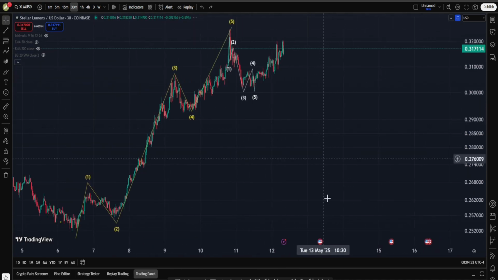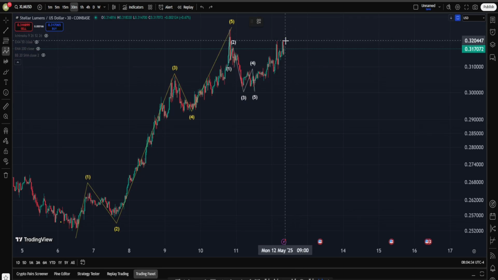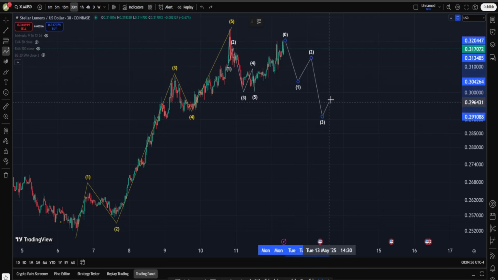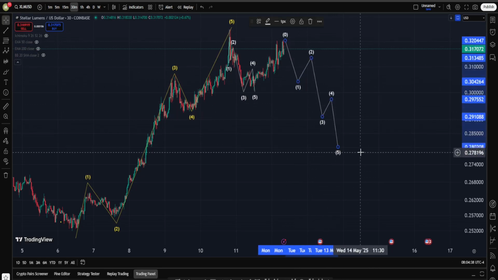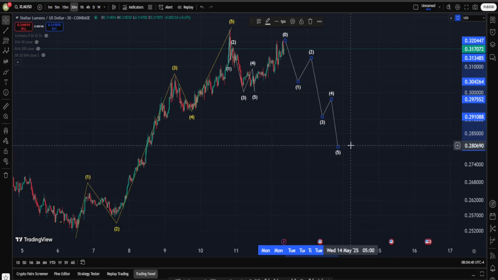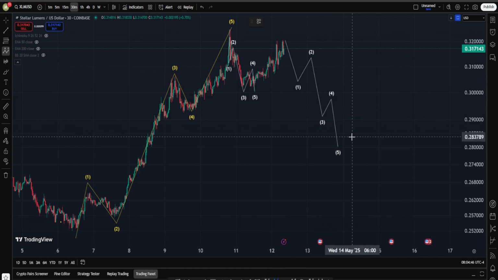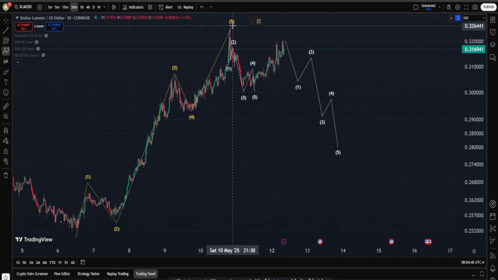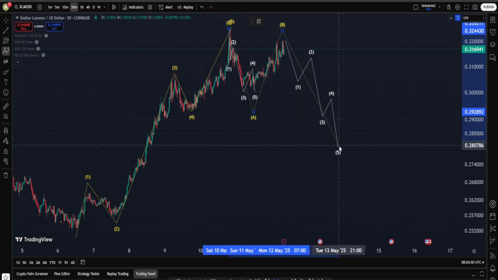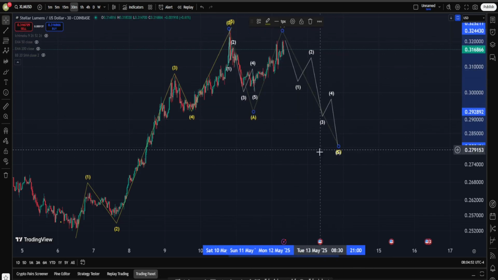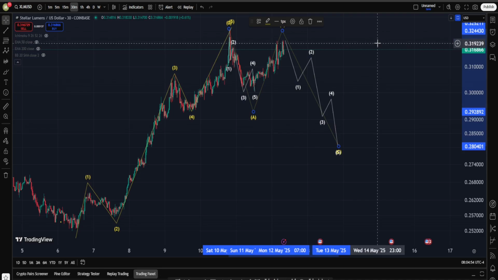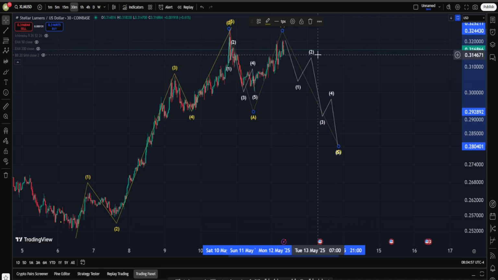Well, if the scenario is happening, odds are a 1, 2, 3, 4, 5 wave down, maybe in order for us to reach somewhere around these areas, about like 28 cents for the first target. And at that point, assuming that we identify all the right structures after this 5 wave, we can say maybe this is just a simple ABC zigzag and it's time to continue our uptrend. This scenario can absolutely be in play.